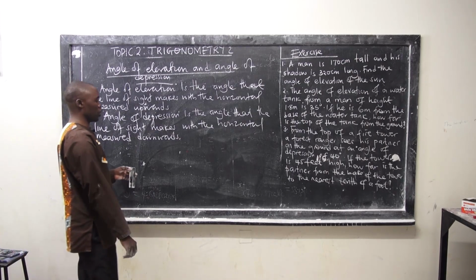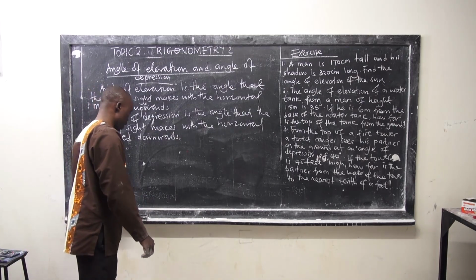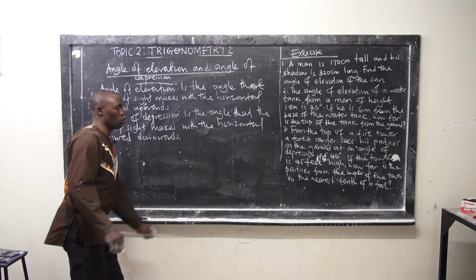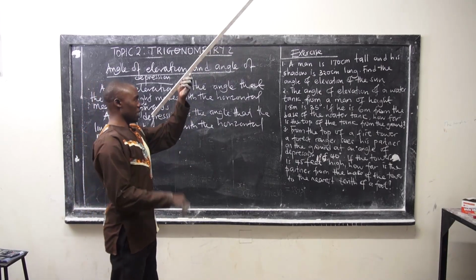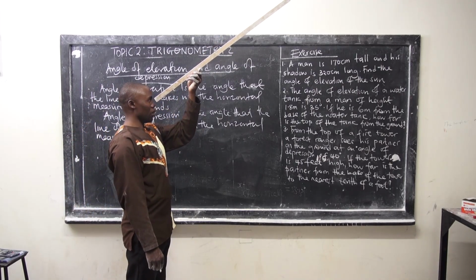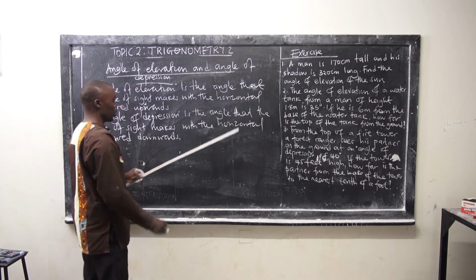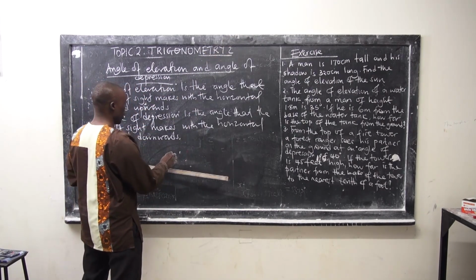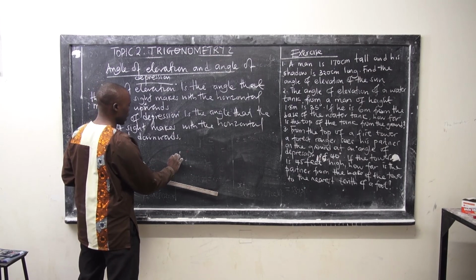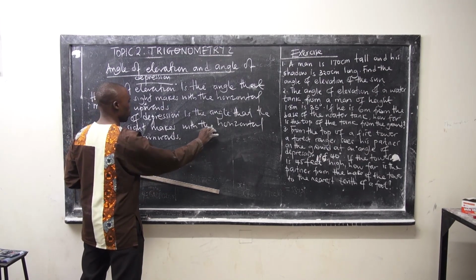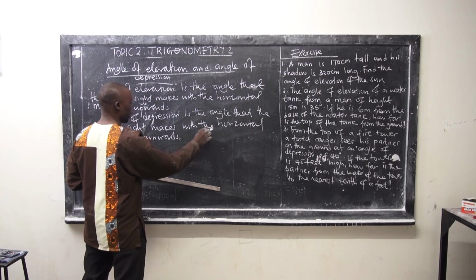We can have an illustration. To have elevation is to look using the eyesight towards a point above you. So in our sketch, if this was the eyesight, then somebody would be looking at such a point here.